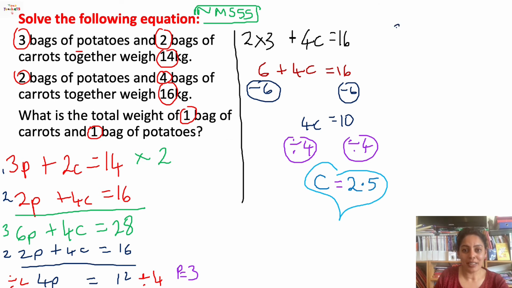Is it going to work? 3p plus 2c equals 14. So 3p is 3 times 3. And 2c equals 2 times 2.5. Let's put it in. So that's 9 plus 5.